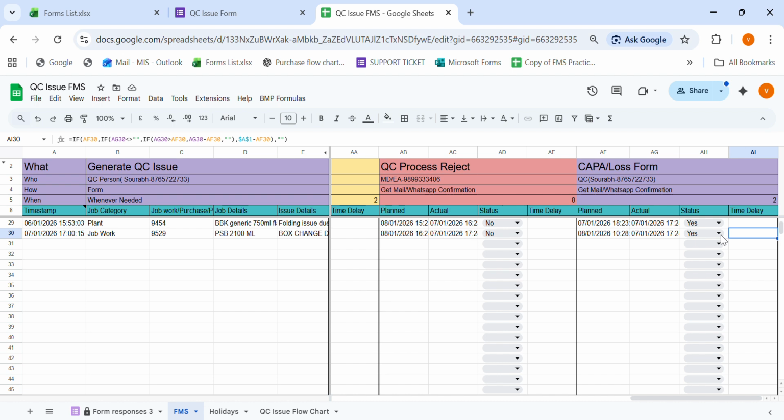That is the responsibility of the QC person. The QC person tells the PC person whether the form is generated or not. So the PC person updates here: if the form is generated, then yes, otherwise no.